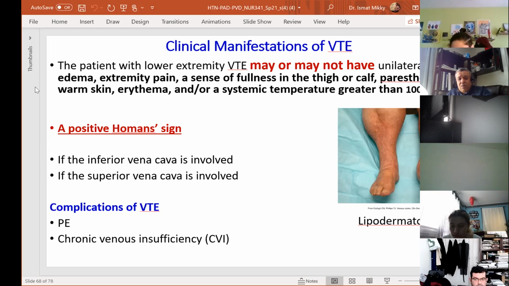This is a hallmark sign in which there are skin changes and brownish discoloration of the skin. That's one of the manifestations of PTS, post-thrombotic syndrome.